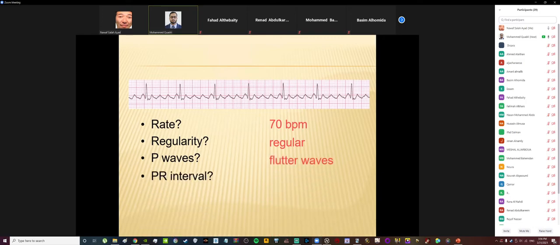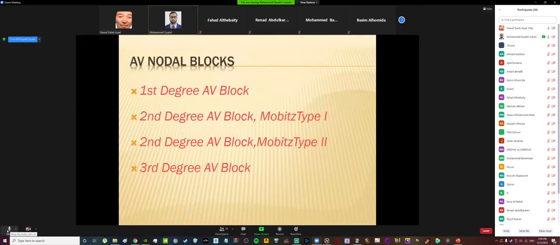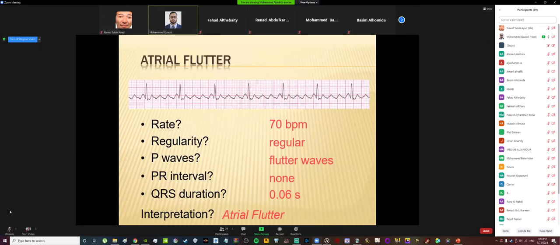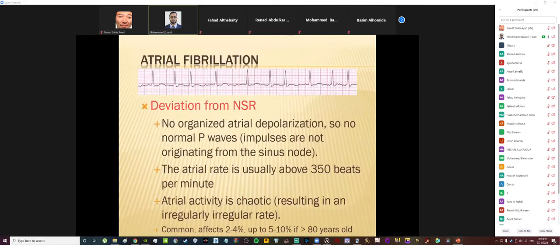Sorry, in atrial fibrillation the atrial rate is above 300, but in flutter it's between 250 and 300. Okay, this is the main difference. And definitely the look of the waves in flutter, known as flutter waves, is totally different from the fibrillation waves. A fibrillation wave is just sort of a vibration going on in the membrane, not big waves.